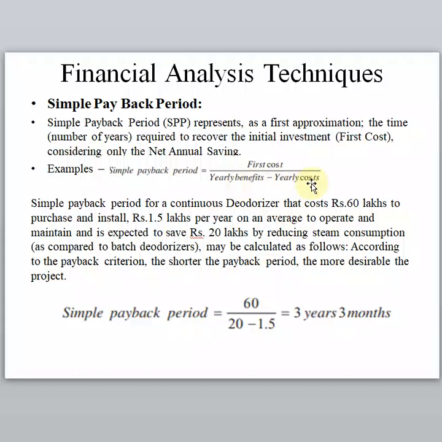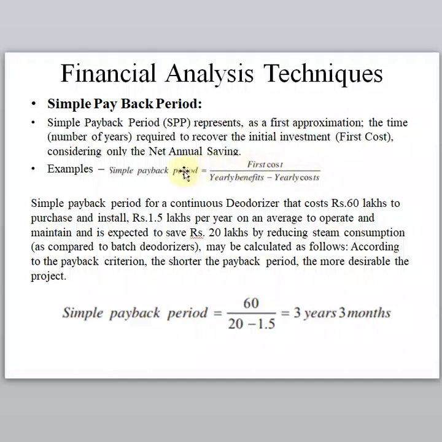For example, if you are going to produce 100 electric vehicles in a month, how much energy is required to produce it, how much process and maintenance cost is required, that operating cost is the yearly cost. And the benefits are the amount that you have got by selling the electric vehicles. And the first cost is the initial investment for the project.